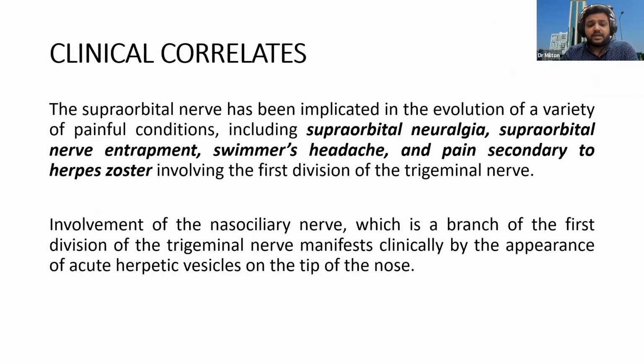It may be caused by the nerve itself being damaged by direct trauma, or sometimes by tight goggles, many swimmers wearing very tight goggles. At that time there is compression over the supraorbital nerve, and that causes swimmer's headache.